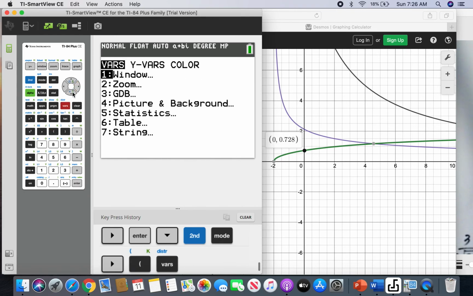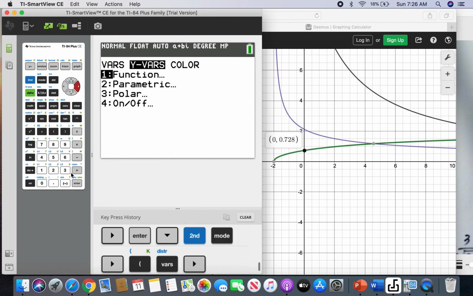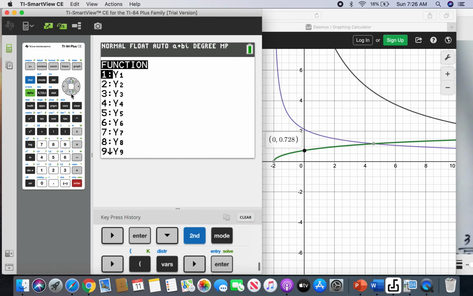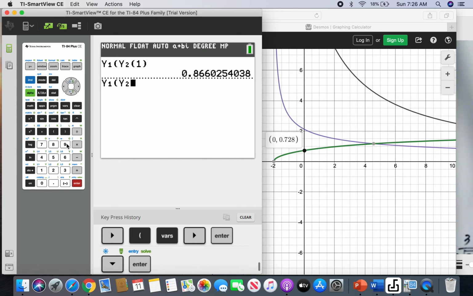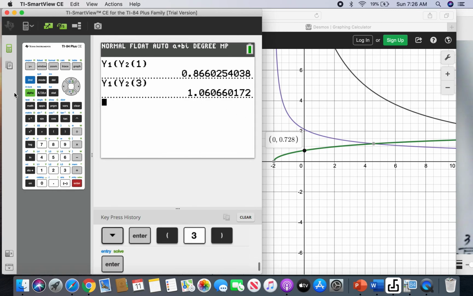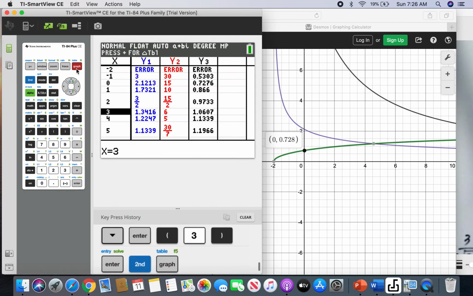If you don't do that, it'll give you an error. So y vars, enter, and then go to y2, enter. Put again another parenthesis. I will use 3, and then the answer will be the same as what you see in your second graph at 3. And that would be it in terms of using the technology to compose function.